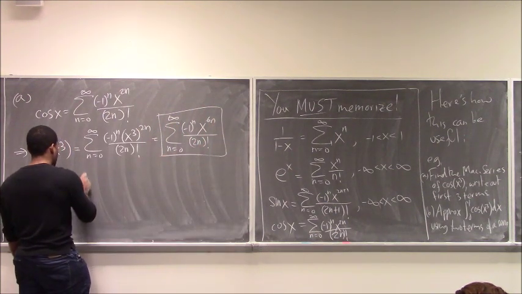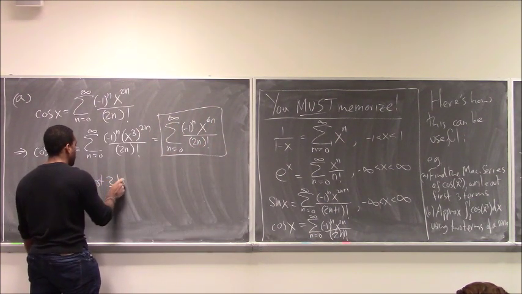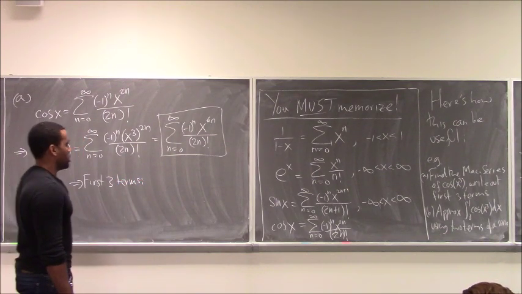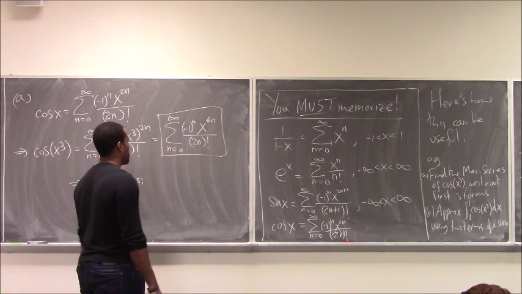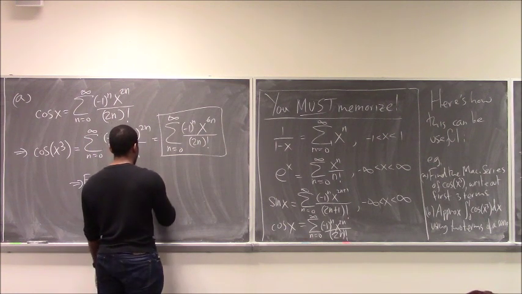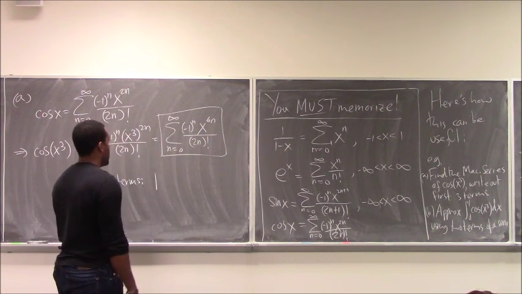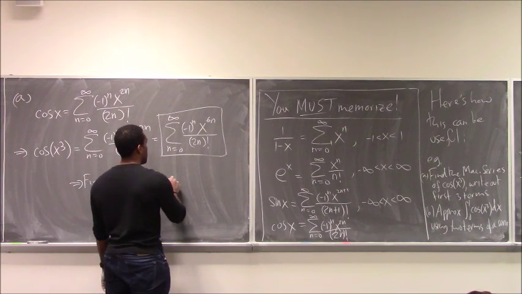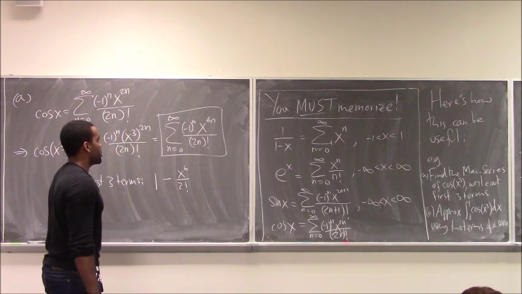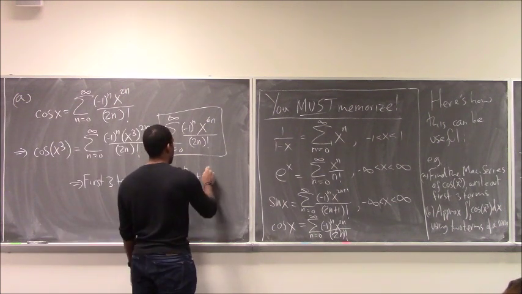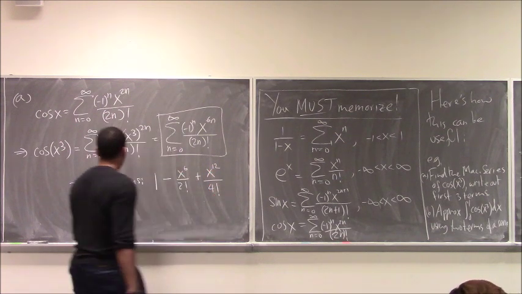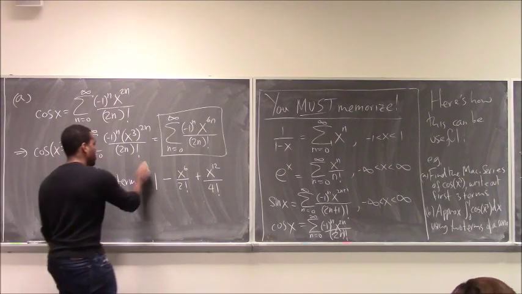And this means the first three terms would look like, I'm just going to start plugging numbers in. If I plug in n equals 0, I would just get 1. If I plug in n equals 1, I would get minus x to the 6th over 2 factorial. If I plug in n equals 2, I would get plus x to the 12th over 4 factorial. And that's the first three terms.